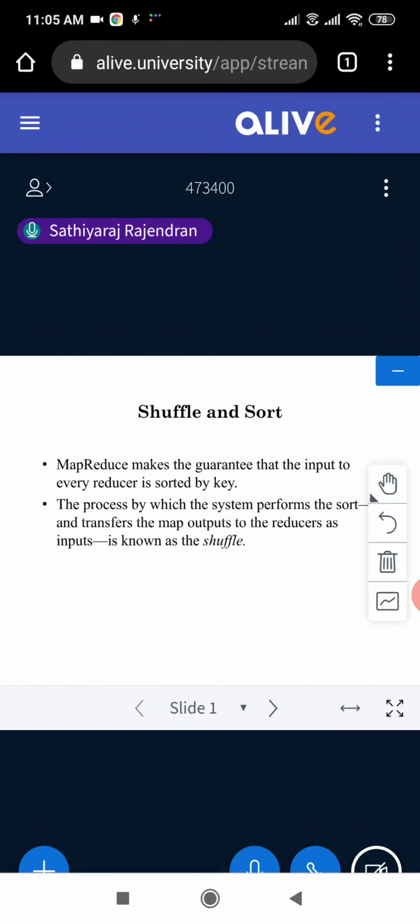You will be partitioning the pages. The first 10 pages can be given to candidate A, the second 10 pages to candidate B, the next 10 pages to candidate C. This is what is called map.